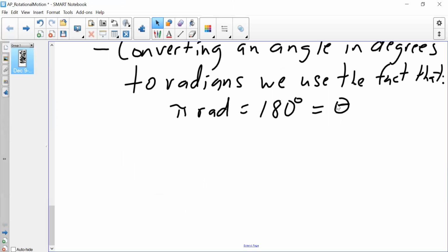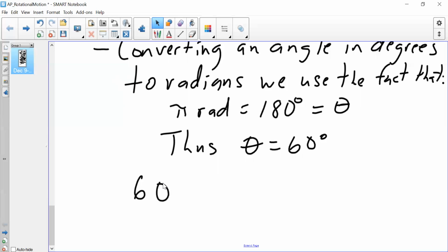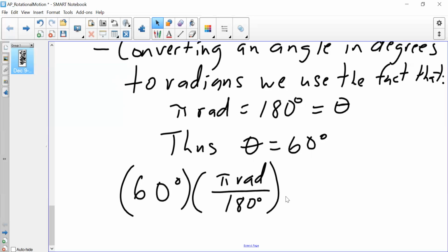So theta in pi radians is 180 degrees, all the same. Thus, if we want to convert, say, theta equals 60 degrees into radians, we use the conversion factor. 60 degrees times pi radians over 180. And that gives you the radian equivalent, which is pi over 3.